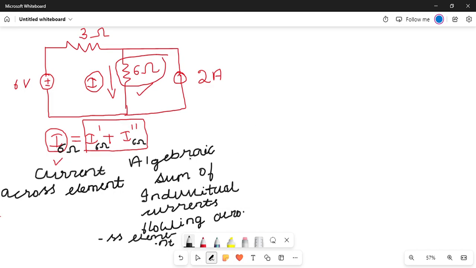So now to find the I dash 6 ohm, we are supposed to make the 6 volt voltage source act alone. So I'll keep the 6 volt source as it is. I'll say my 6 volt source is acting alone.